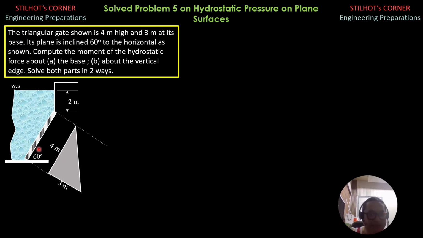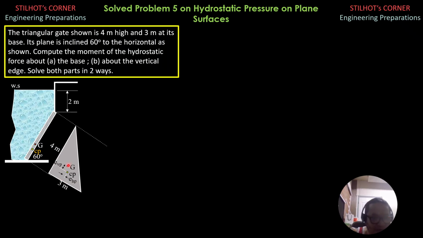The gate is inclined 60 degrees to the horizontal and the force acts at the center of pressure. So let's locate the centroid of this area, 2/3 of 4 from the top corner. This is the centroid of area, this is the center of pressure. They are not vertically aligned.